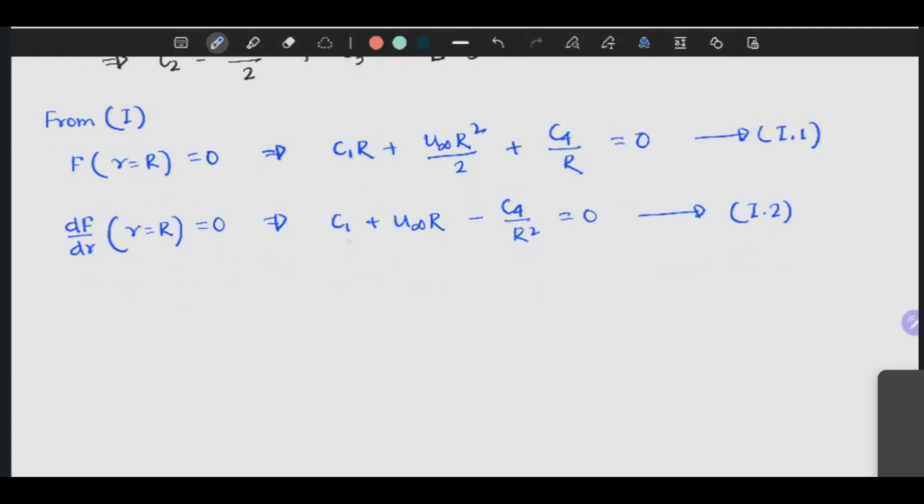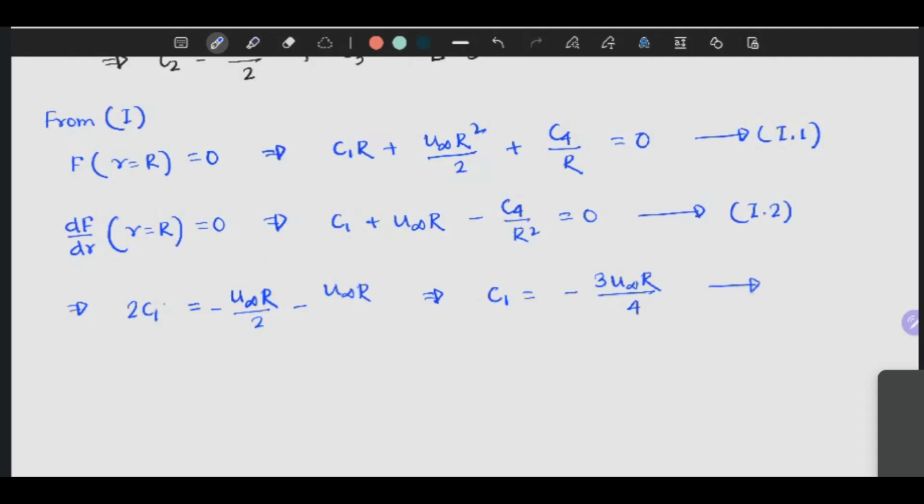Okay. Now if you divide this thing by R, then it becomes 2C1 is equal to U infinity R by 2 minus U infinity R. That makes it C1 is equal to minus 3 U infinity R by 4.